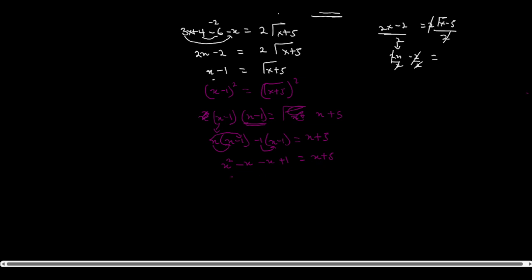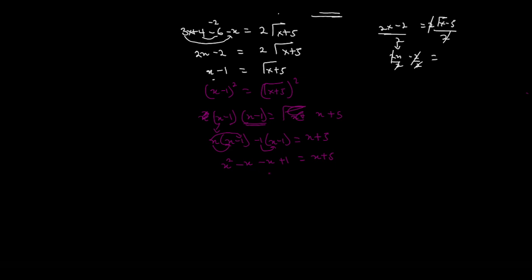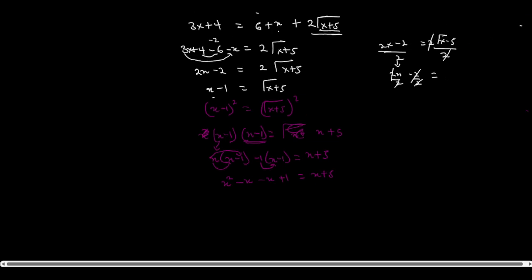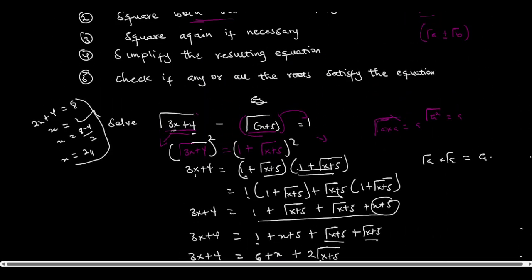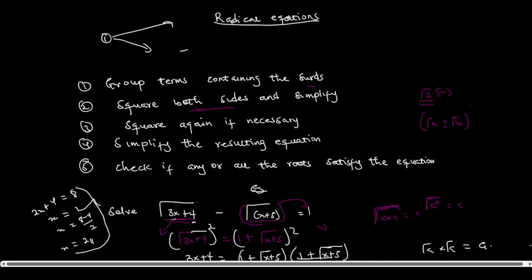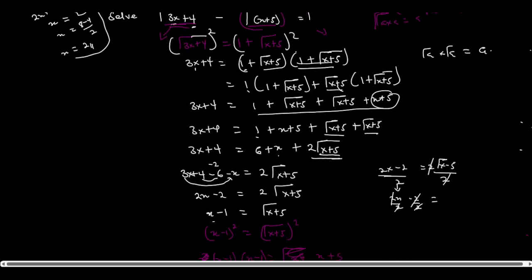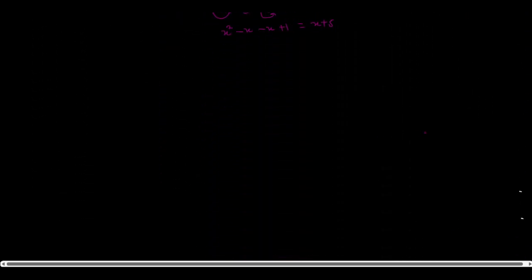Okay, so now this is just your quadratic equation. We can send this one here so that like terms will add like terms and then we get a simplified expression. So what's the next step? It says simplify the resulting equation. We check if any or all of these equations. So that step is not necessary.